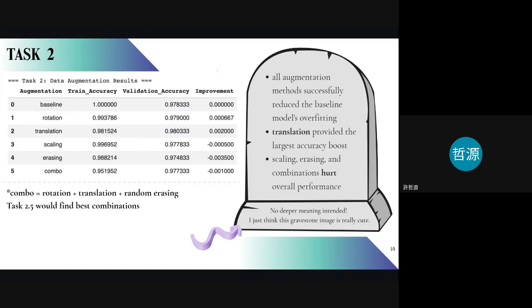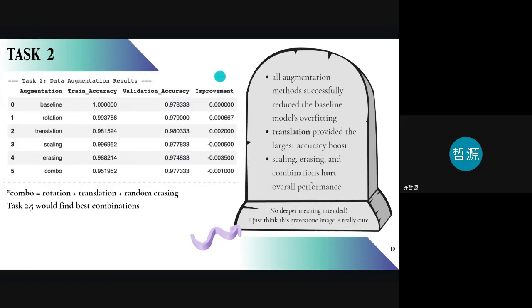Our combo method did not outperform single augmentation. Methods like scaling, erasing, and the combo itself actually hurt validation performance, showing negative scores. This suggests that excessive transformation might destroy critical digit features. And finally, regarding overfitting, we saw a massive success. The baseline model memorized the training set with a perfect 1.0 accuracy.